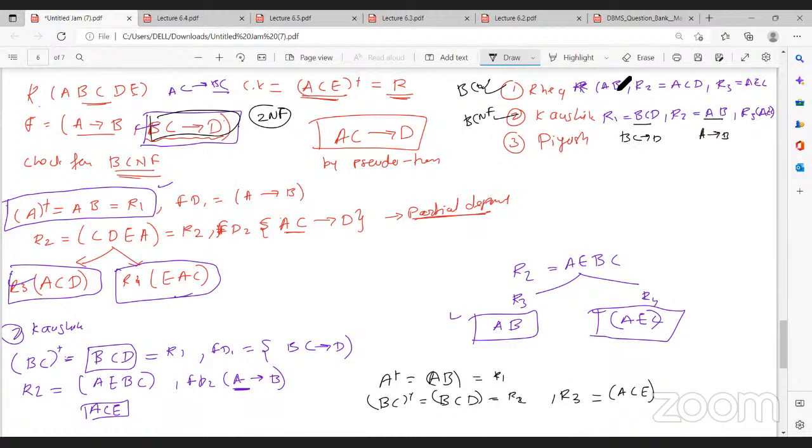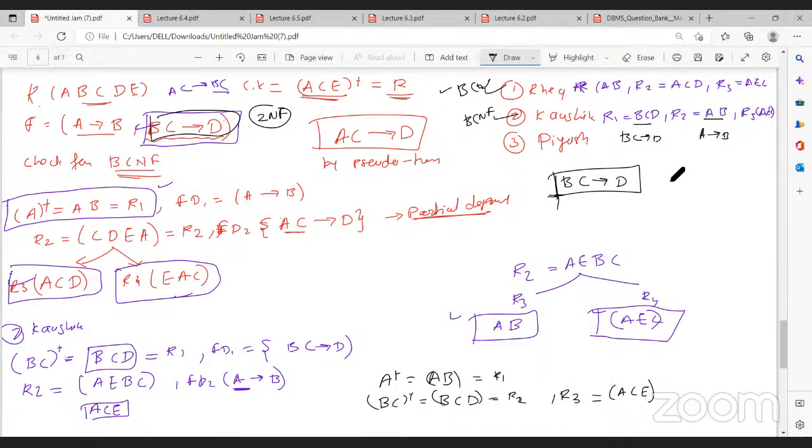But in the first decomposition, BC determines D is not preserved, right? BCD is not present in any of the relations. So if you check for dependency preserving, BC determines D will not be preserved. Even if these three relations are in BCNF, this dependency will not be preserved.